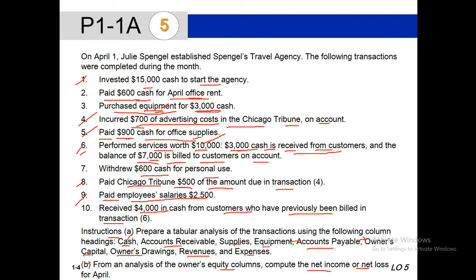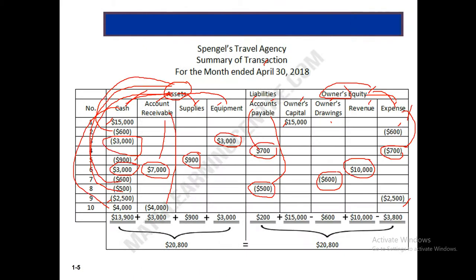Instructions say prepare a tabular analysis. So now this is the asset side: cash, accounts receivable, supplies and equipment balance. This is the closing balance, or month-end balance, on April 30.